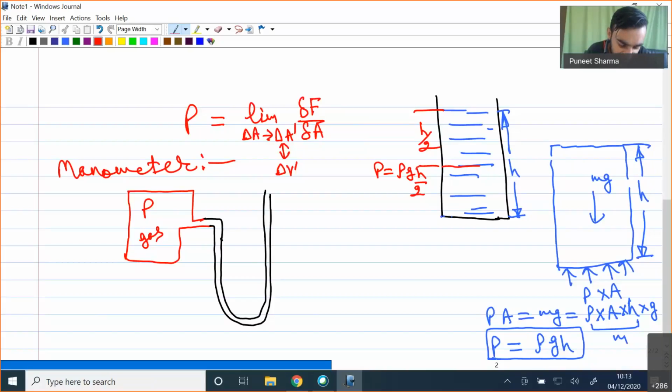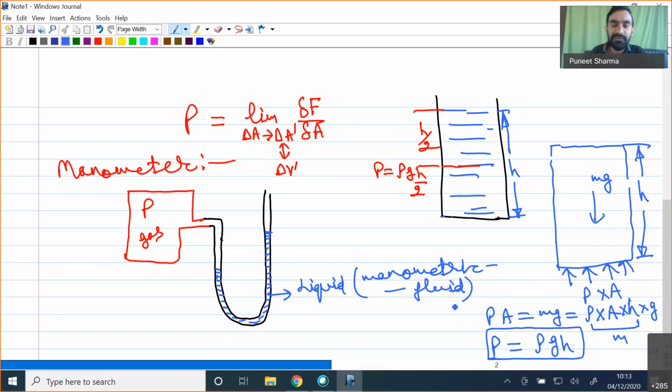We have a container with some gas inside, and inside this manometric tube I'll be taking some liquid. This particular liquid which we use inside this device is called the manometric fluid.